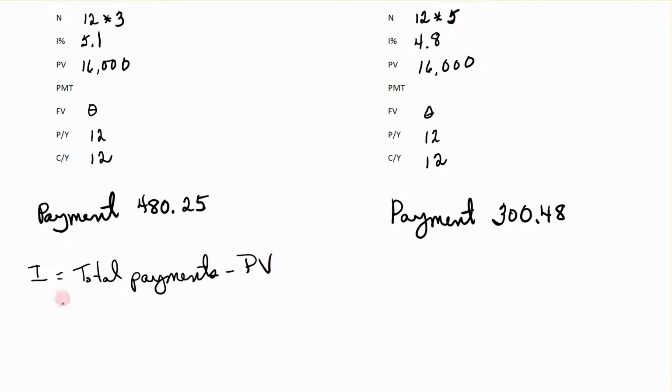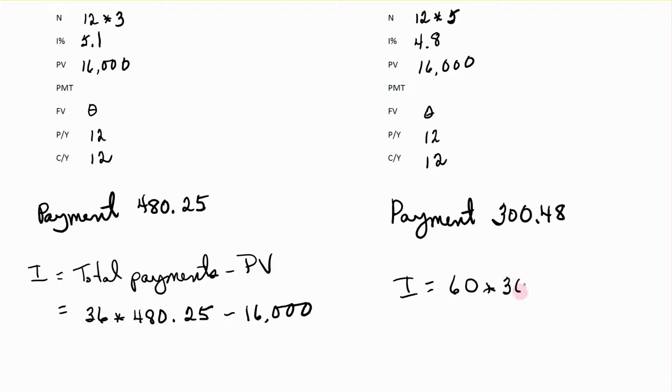For this one, there were 36 payments at $480.25, and the present value was $16,000. For this one, there were 60 payments at $300.48, and the present value was the same.